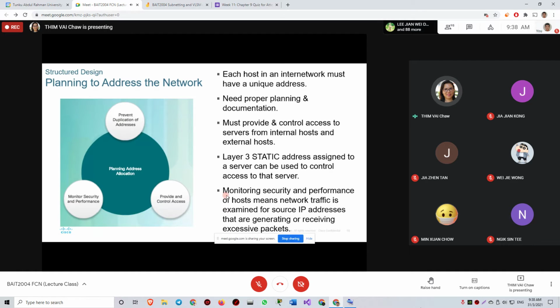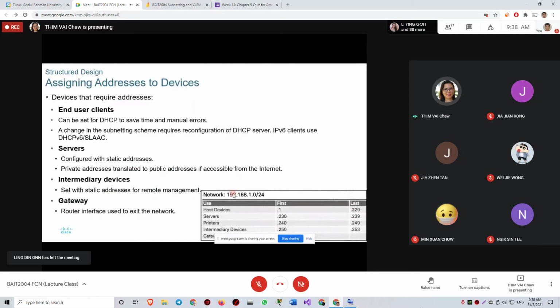So that's why you need to monitor your security and performance of the host. It means network traffic is examined from the source IP address that is generating and receiving excessive packets. We need to monitor our network, not only performance. Usually for end user clients, we turn on DHCP to save time and manual effort.